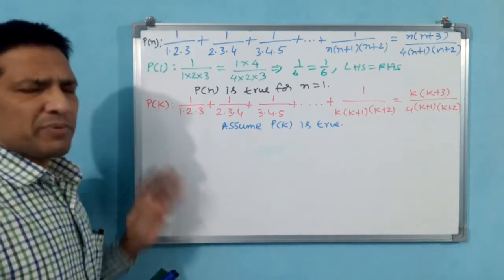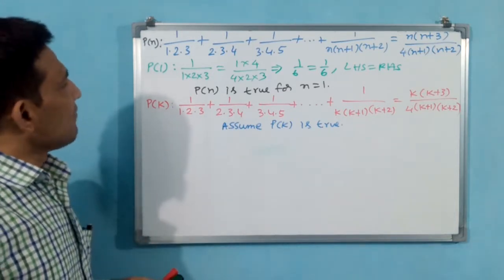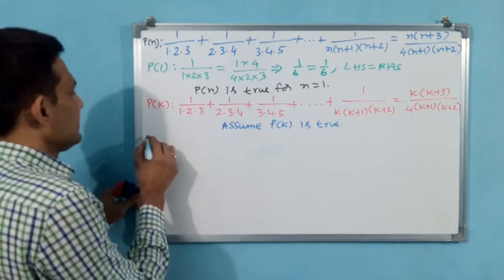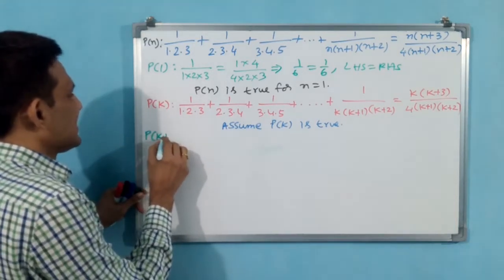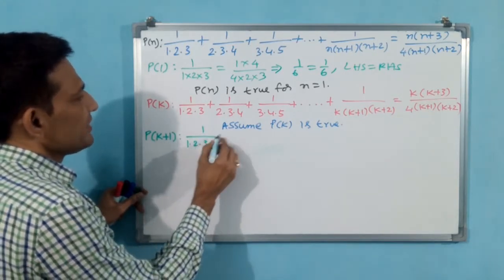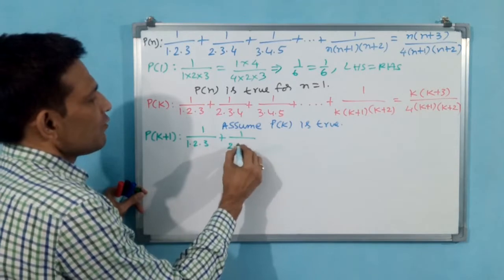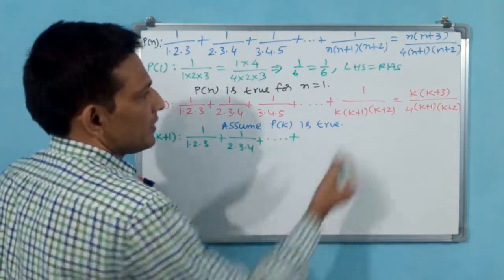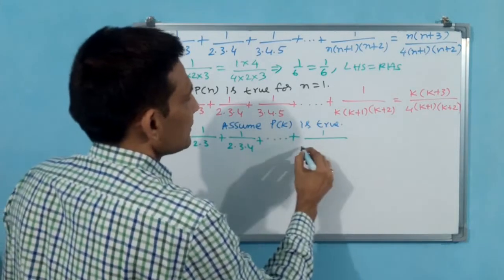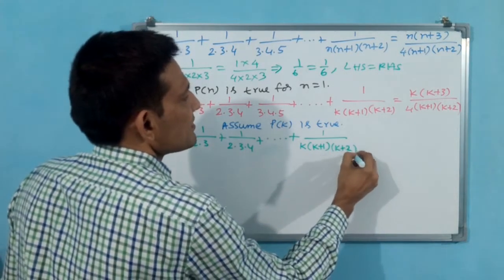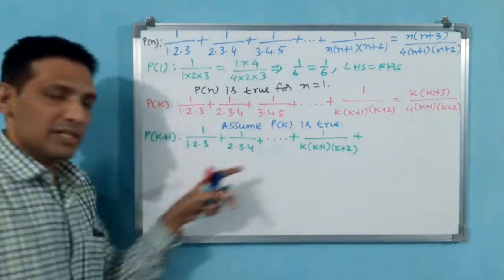Okay, next step is P of k plus 1 you have to find. Find the P of k plus 1. You have to write 1 by 1 into 2 into 3 plus 1 by 2 into 3 into 4 plus, you first write this one, k into k plus 1 into k plus 2, plus another one step.